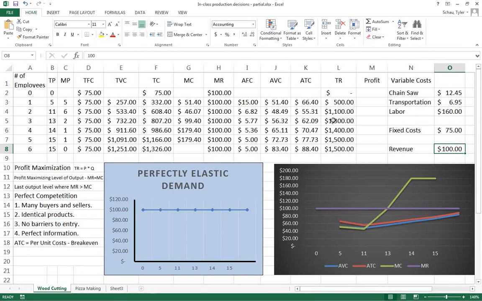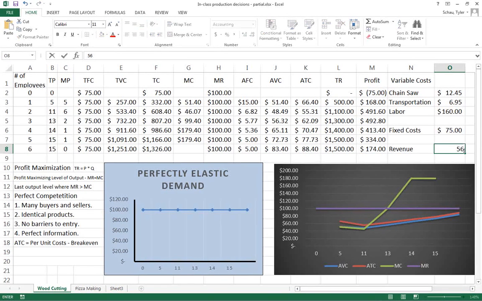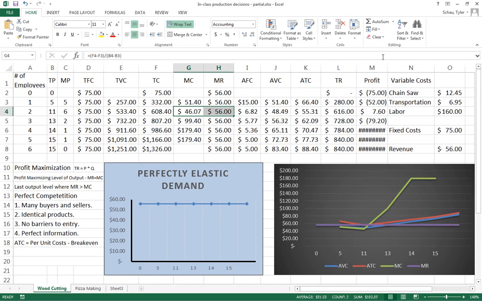Okay. The reason finding the lowest point becomes so important is, and I'm going to go back and pull the profit in here, now all of a sudden I can see what happens when price changes. Okay. And so let's say price drops to $56. I know I'm still going to be profitable because at $56, the marginal revenue equals marginal cost test is going to occur at this level here.